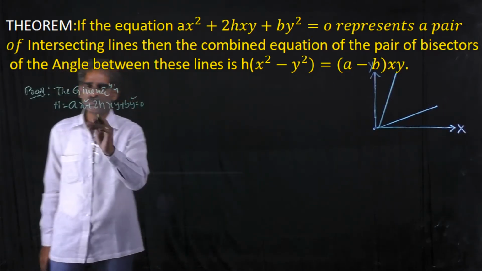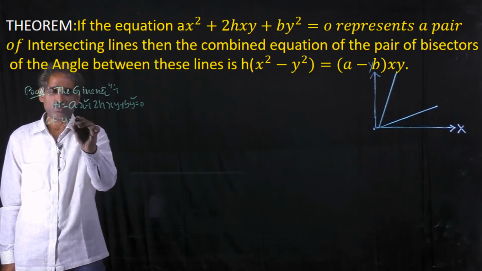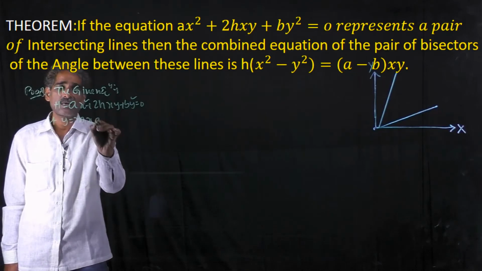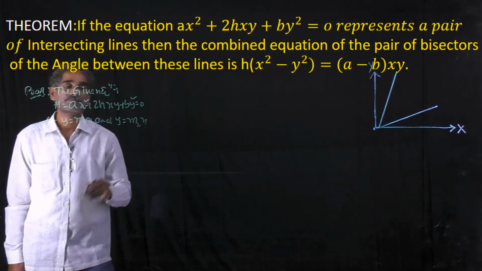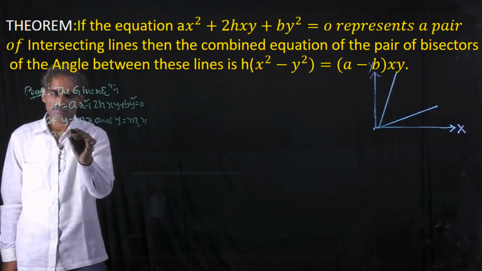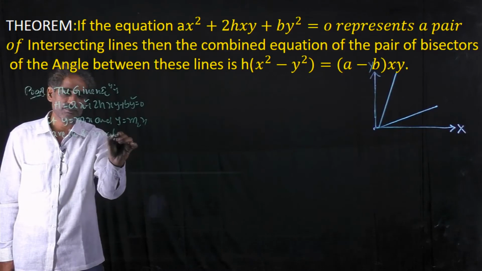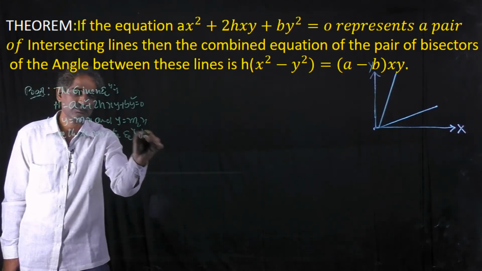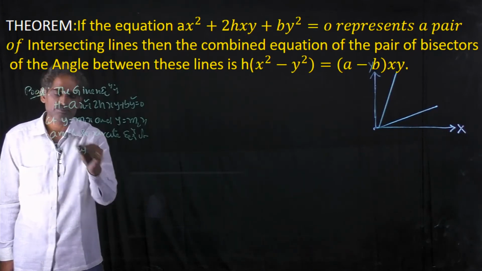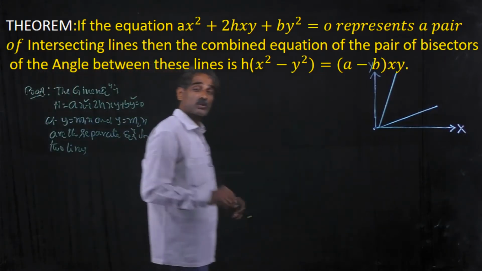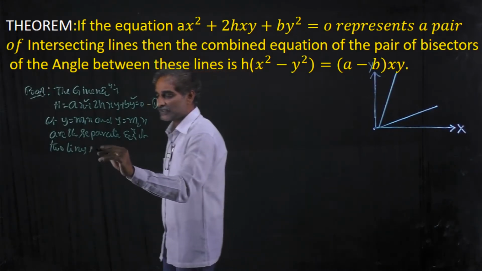Let us assume two separate lines, y equal to m1x and y equal to m2x, are the separate equations of the two lines represented by one.